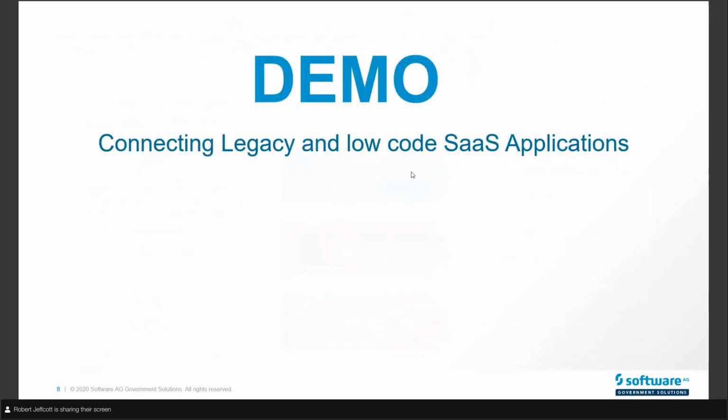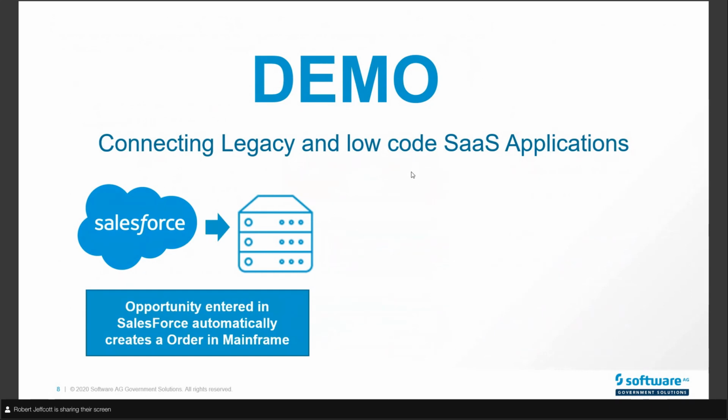So for today's demonstration, what we're going to be doing is connecting a legacy and a low-code SaaS application together. We're going to be utilizing Salesforce for our cloud application and a mainframe application for our legacy app.